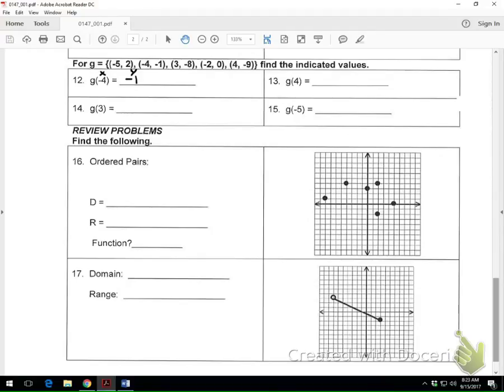Now, if you look at 17's graph, that one is going to look something like that. Now, we're going to have to change one of our signs because we have an open circle. Now remember, less than is open, less than or equal to is closed. So on domain, if I draw a line from the left side of my graph to the x-axis, what number do I run into?